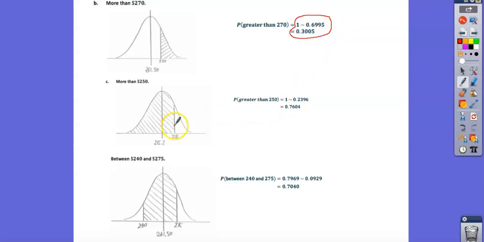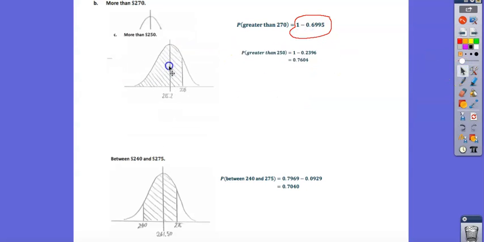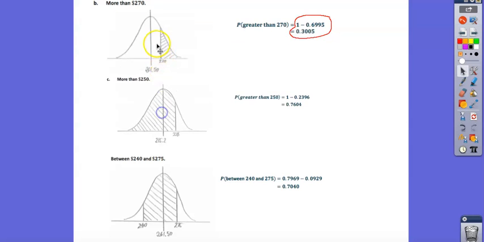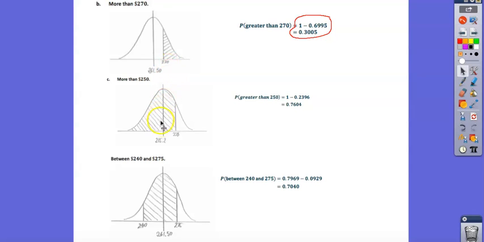This one, it's more than 250. And I don't like the picture on this one. I almost want to say that these pictures are messed up. Maybe I'm just looking at 250.